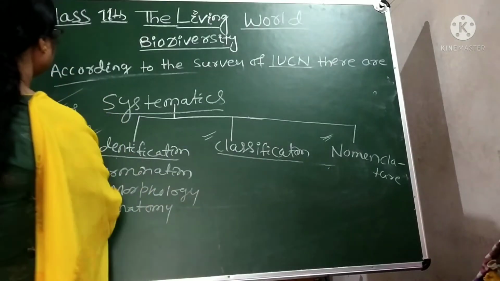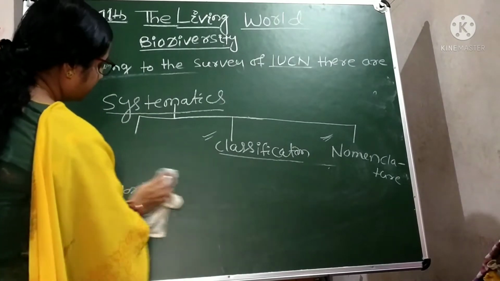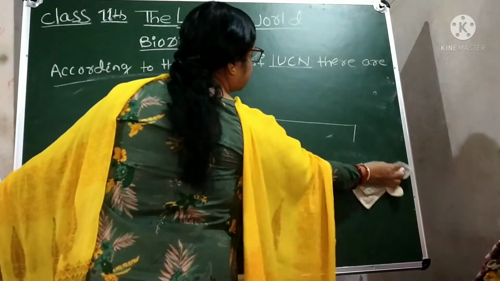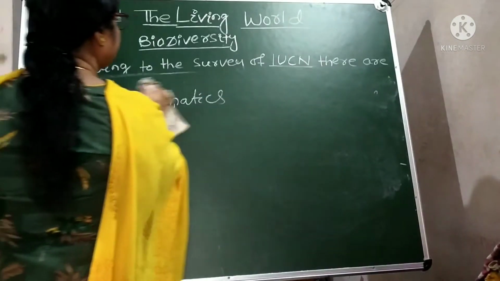So first of all, Linnaeus classified systematics into 3 different categories: identification, classification, and nomenclature.